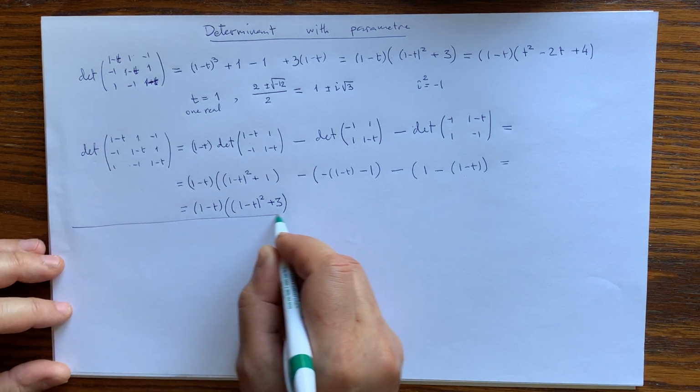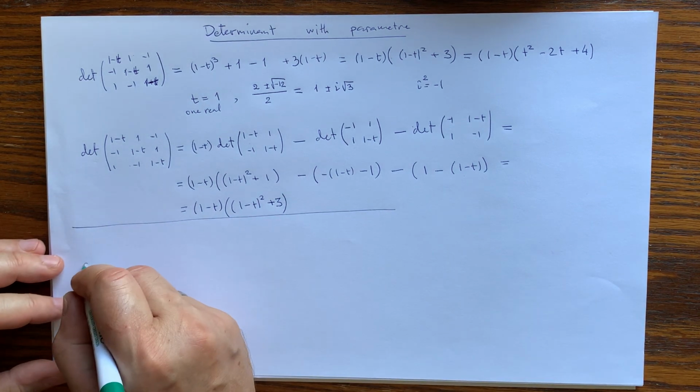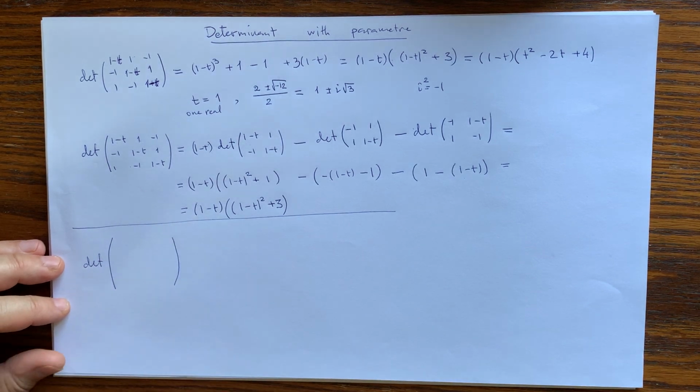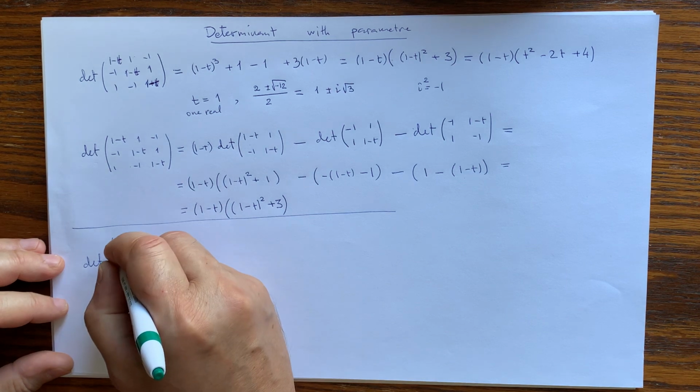Let me do another problem of similar nature, computing the determinant of a matrix with a parameter, but this time make it larger, 4 by 4. But I will make it larger still to be able to compute it in the remaining space. I will make it somewhat nice. So something like that.